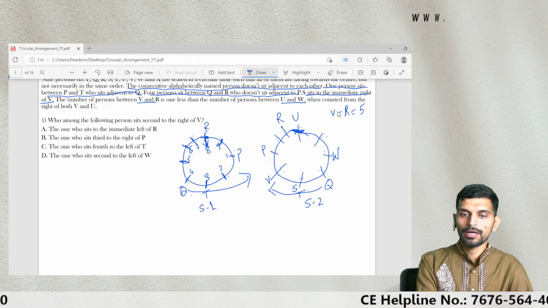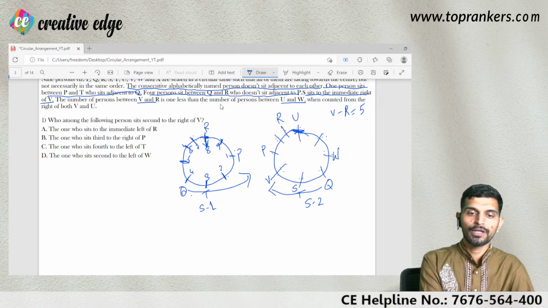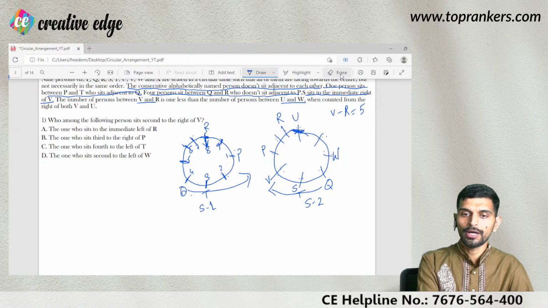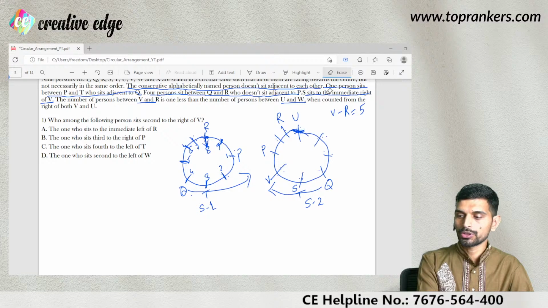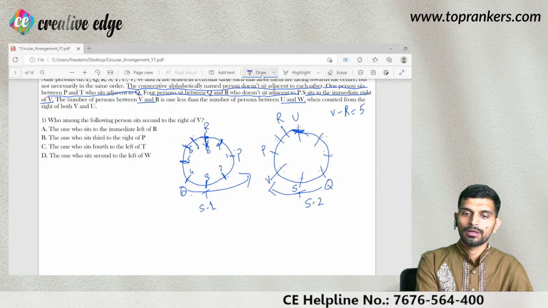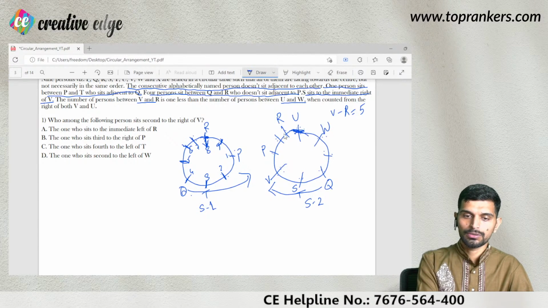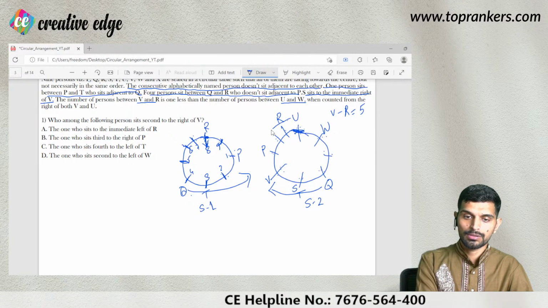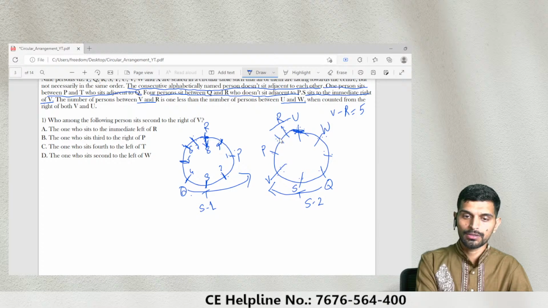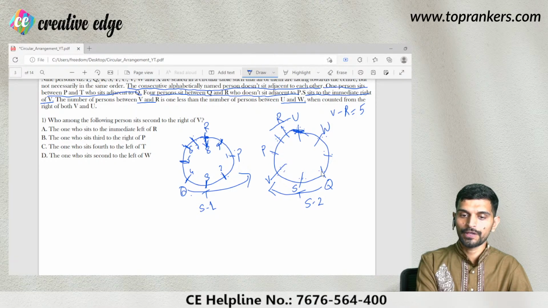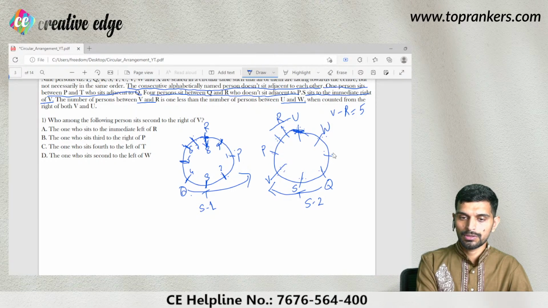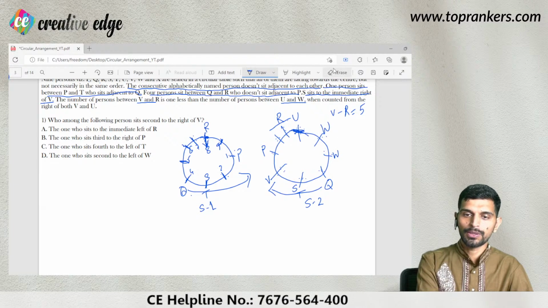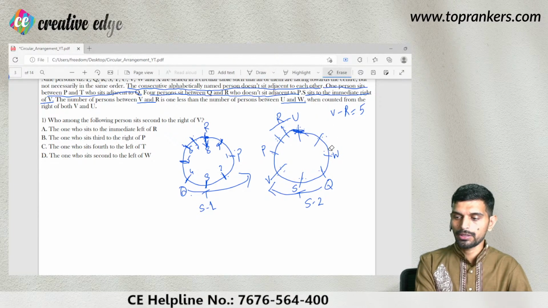So one person between V and R is less than between U and W. W should not be here. In fact, W should be here. So if we count rightwise, so anti-clockwise, 1, 2, 3, 4, 5, 6, this should be the place of W, right?